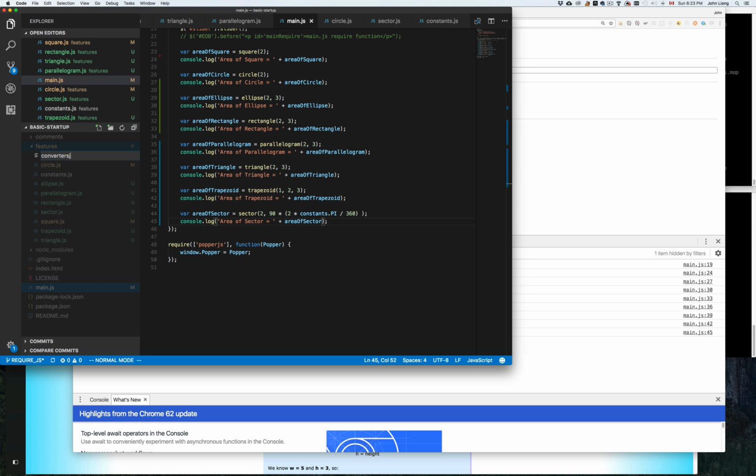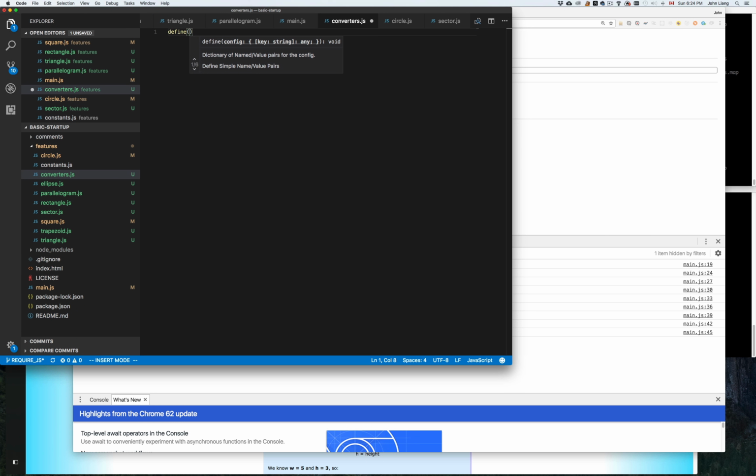Let's define, which is a RequireJS thing. Do we have dependency? We do. We need a constants. So let's take constants. And we have a function that loads in the constants.